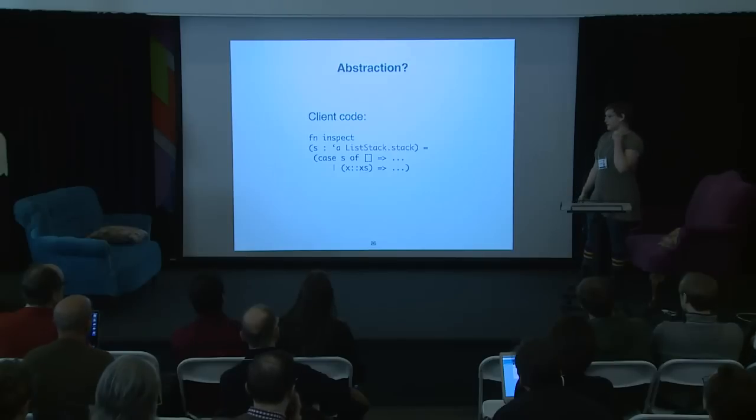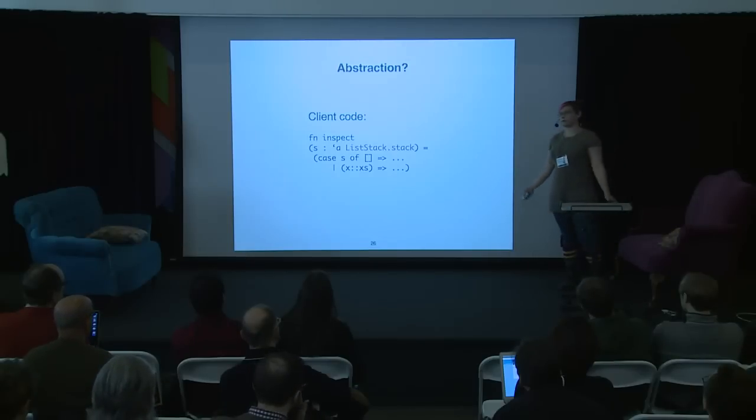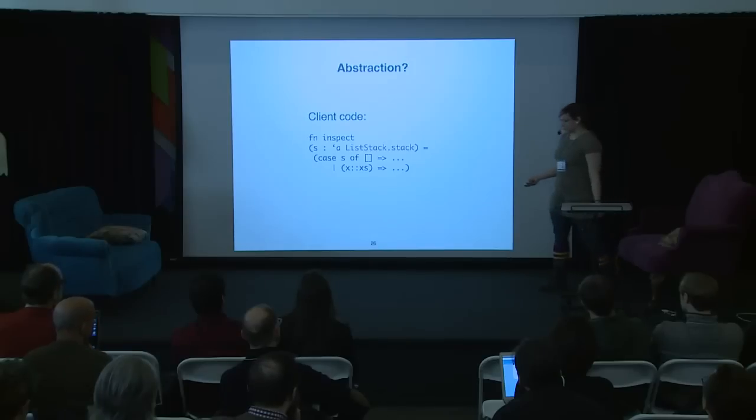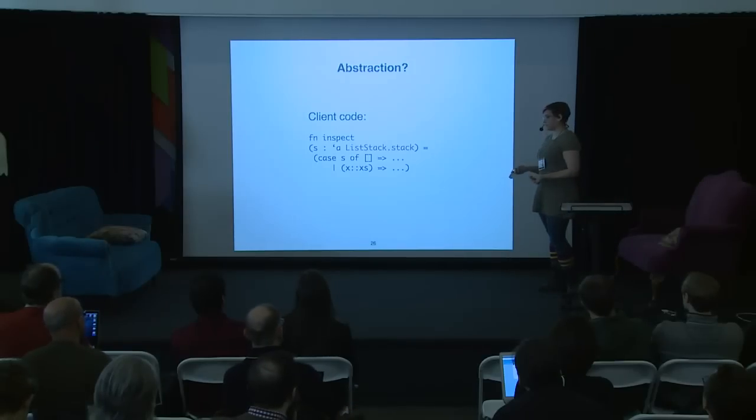Okay, so I was talking in these grandiose fuzzy terms about abstraction, and how, if we have some client code that may want to make use of this, is our change that we've now made for the sake of efficiency going to break anything?